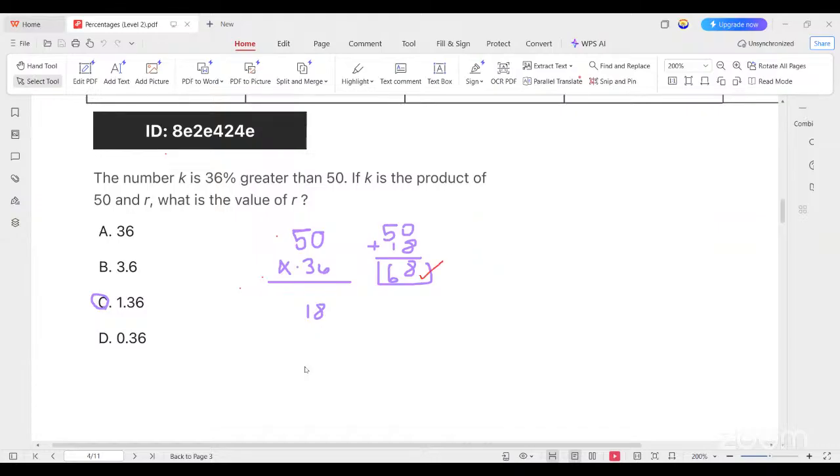So this is 68 correct, and here it is 18 correct. So how did we get 1.36?